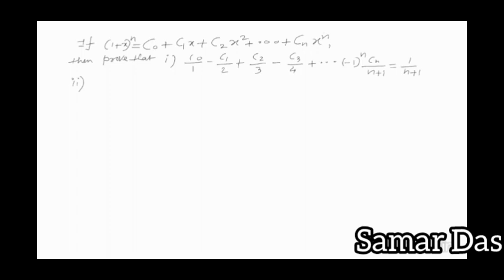Number 2, the second problem is here: 7 c0 + 7² c1/2 + 7³ c2/3 + ... + 7^(n+1) cn/(n+1) = (2^(3n+3) - 1)/(n+1).